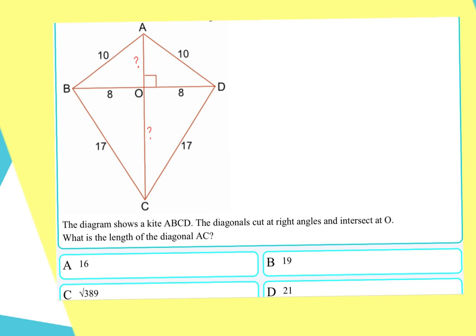And then I'll just help you out if you do want to try it out, that this is also a right angle because of the fact that the other one is a right angle.